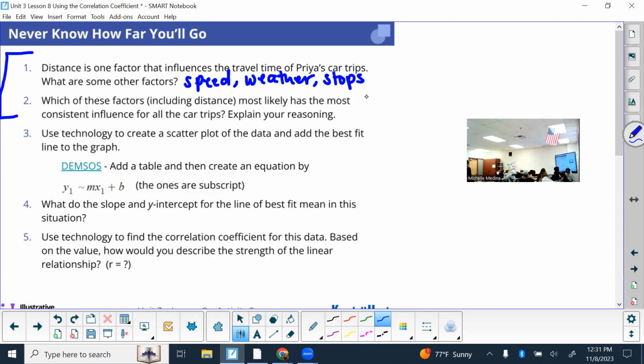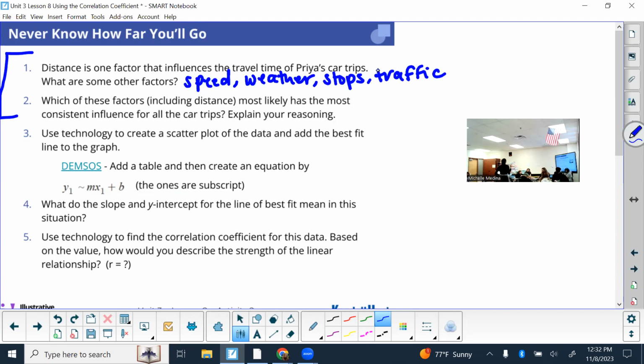But when you get to your final destination, that's what we're considering, the number of stops it takes to get there. And then table 3, one more, traffic. If you drive in the middle of the night versus 3 p.m., probably a lot different in your travel time. All right, so good.